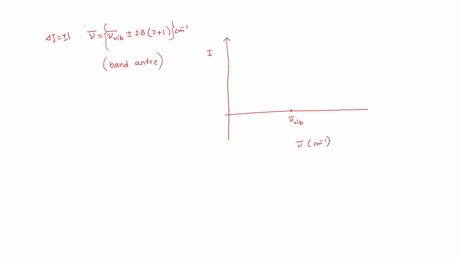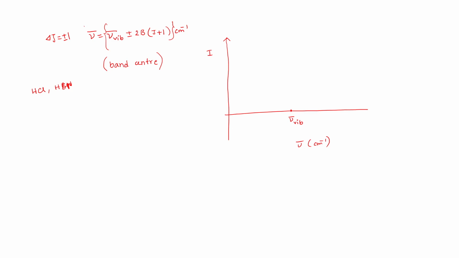But do you expect any intensity coming from this? For any molecule, suppose HCl or HBr, I should not write HCN, because then it would be a triatomic or polyatomic molecule. Right now we are discussing diatomic molecules.